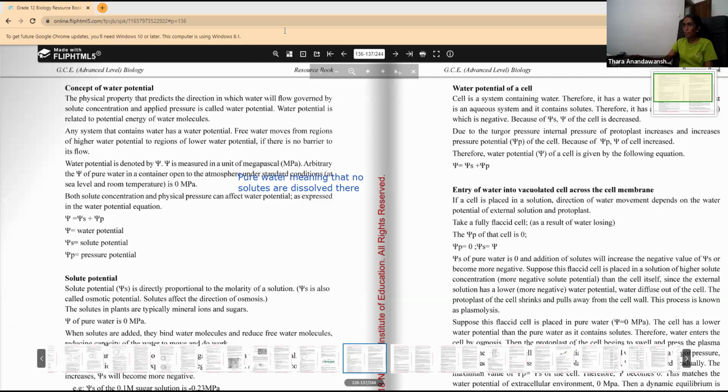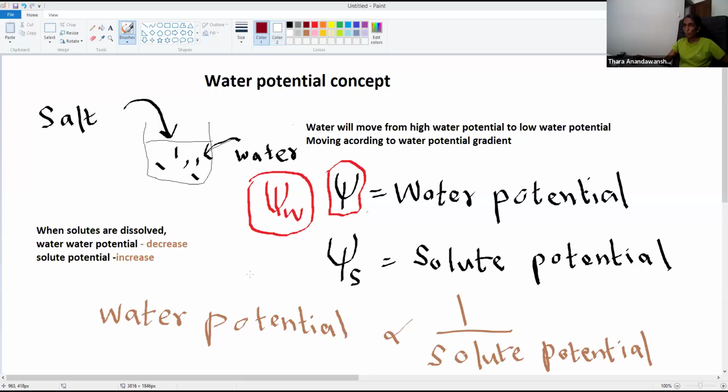Write the new topic, water potential equation. Write this first, then we need to say what each of these attributes are.